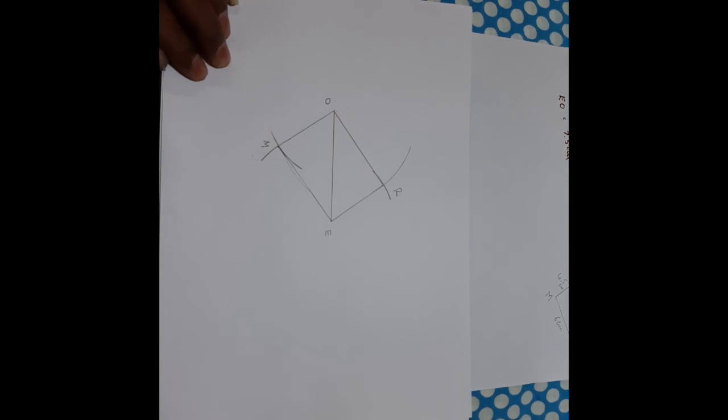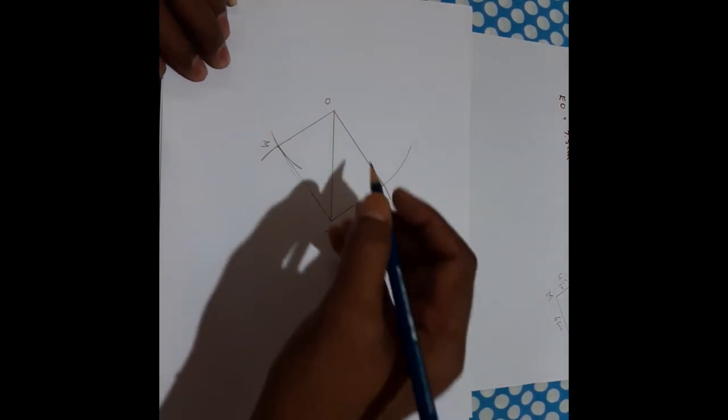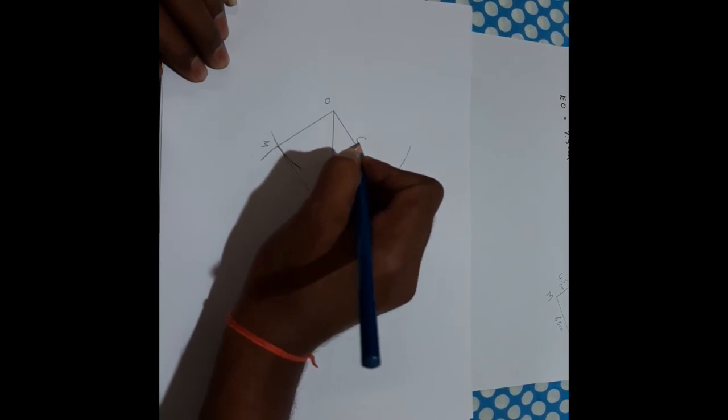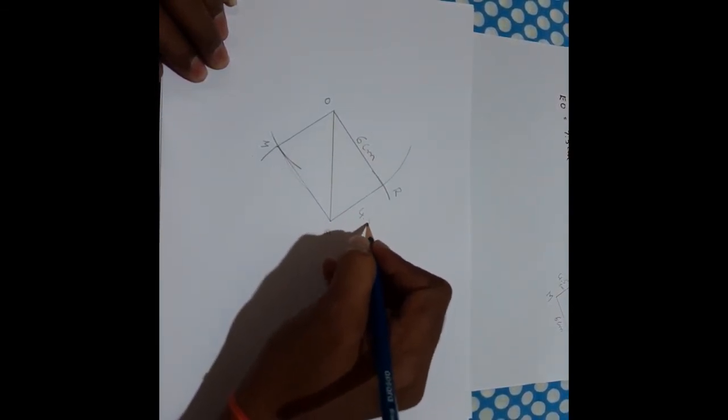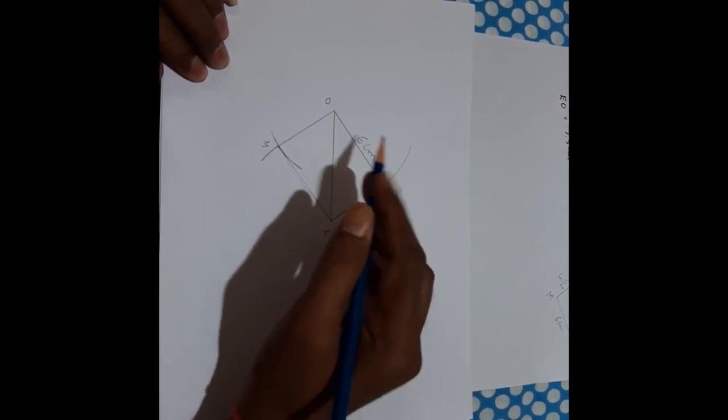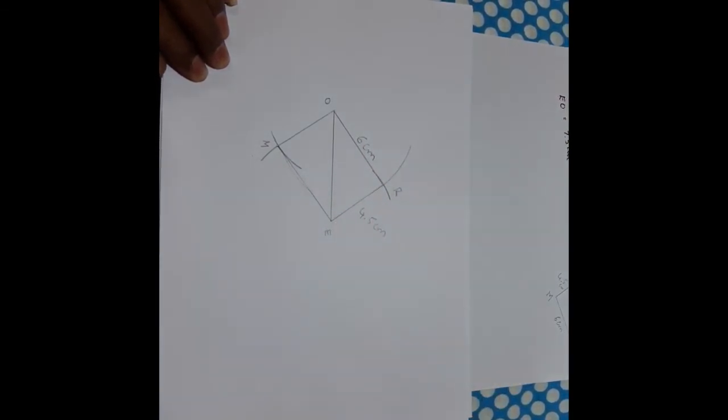That is the parallelogram MORE. So here we need to write the measurements. This is 6 centimeter. This is 4.5 centimeter. The given OR as well as RE, and EO is 7.5 centimeter.